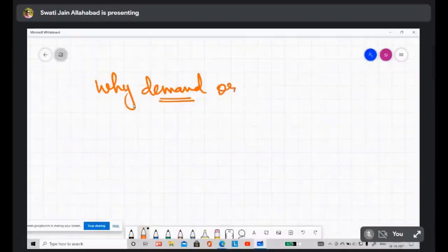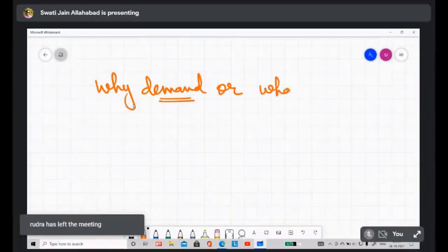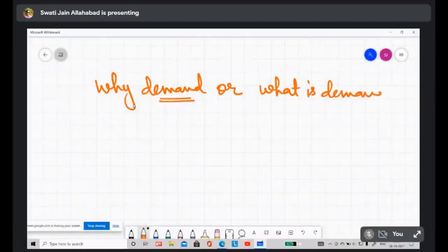Or what is demand for? So aggregate demand is just equal to PT.